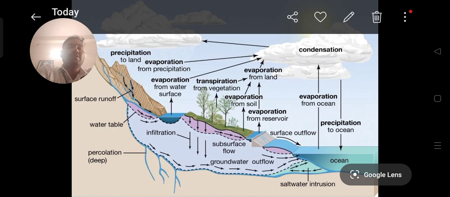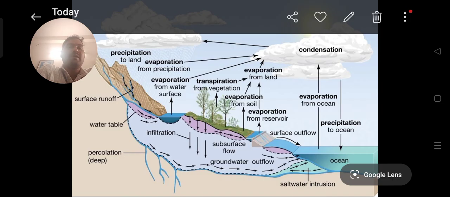And evaporation from the soil is called transpiration only. So likewise we have three components we have discussed till now: the first is evaporation, the next is evapotranspiration, and the next is transpiration.